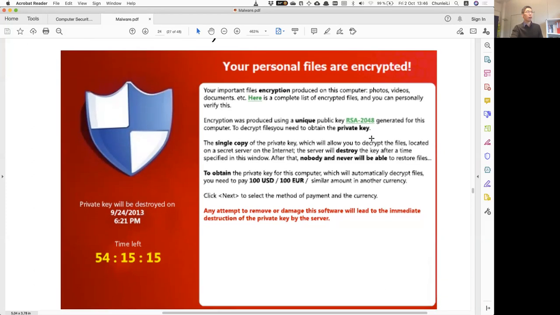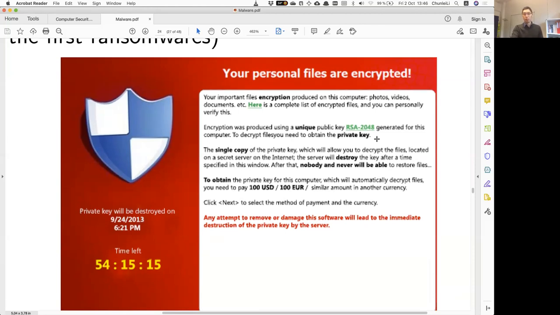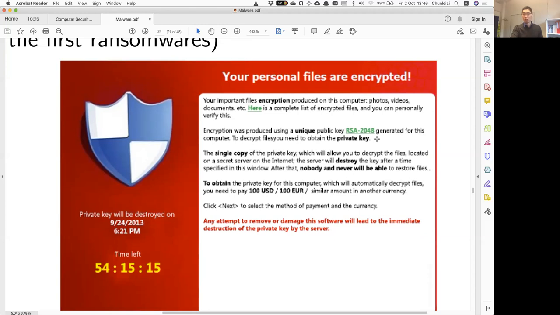There's no way. In the beginning, some of these ransomware chose some weak and fast cipher to encrypt the file. But later, they directly switched to very strong ciphers to encrypt the file. Mostly they are public key ciphers, because then they can send the private key to the victim after they pay the ransom.